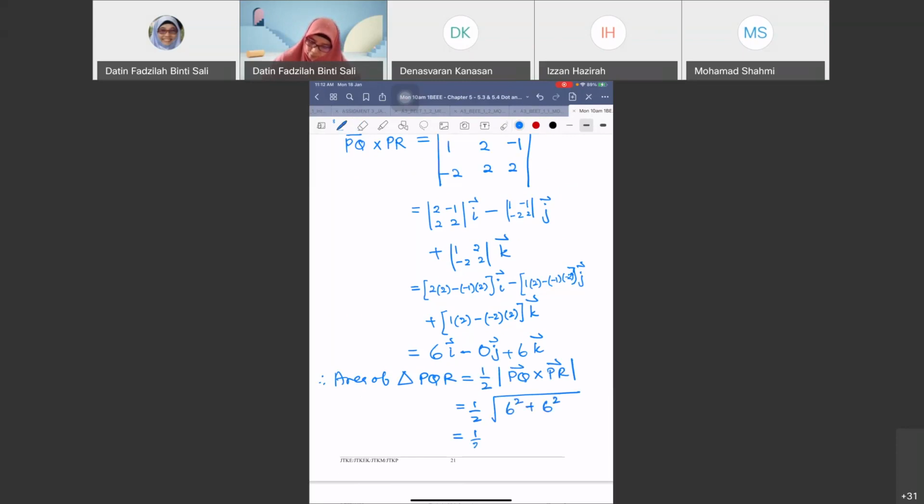That means half times the square root of 72. You can just leave your answer like this. Or if you want to simplify, the square root of 72 is 6 root 2, so it is just 3 root 2. This is in square units. So that is the area of the triangle.